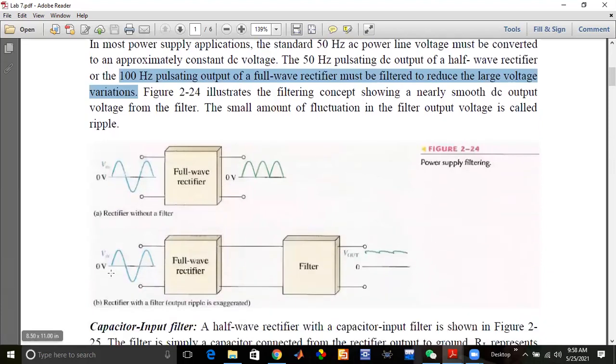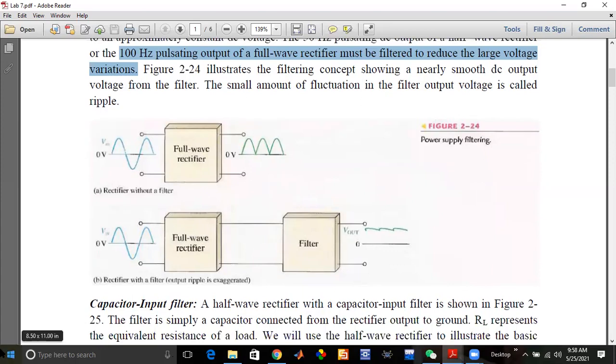This is the input voltage to the full-wave rectifier, and this is the pulsating output of the full-wave rectifier. When you pass this through the filter, you will see it is like this. Here there is more fluctuation, here the fluctuation is low. So how does this work?